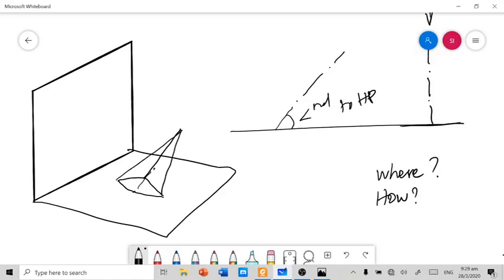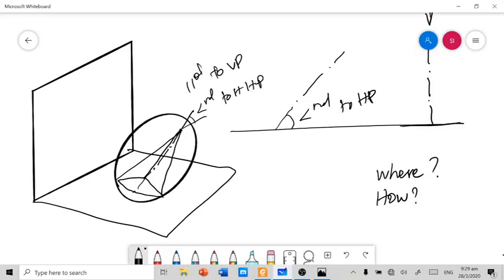So the axis is only inclined to HP and parallel to VP. So we need to make this solid straight. When you make it straight, automatically the axis will become perpendicular to HP.